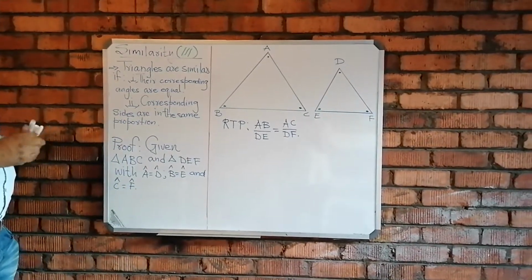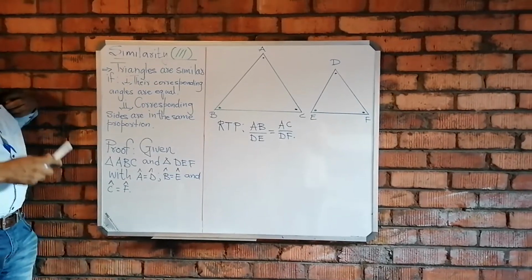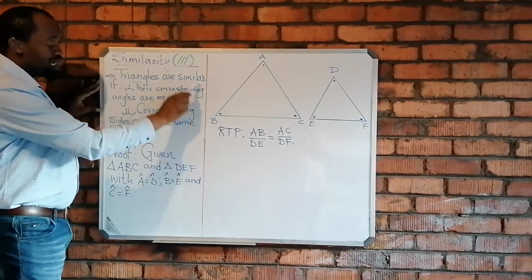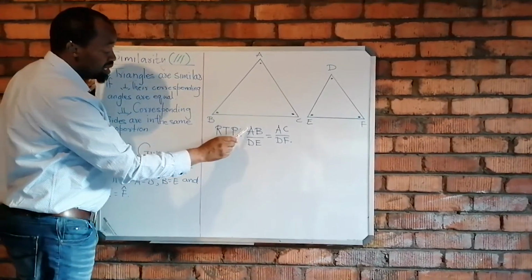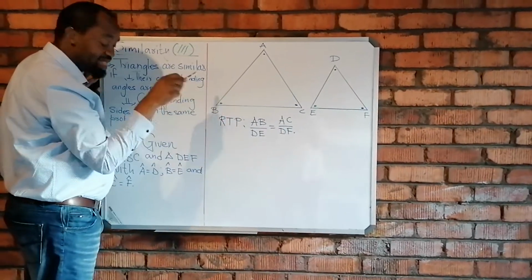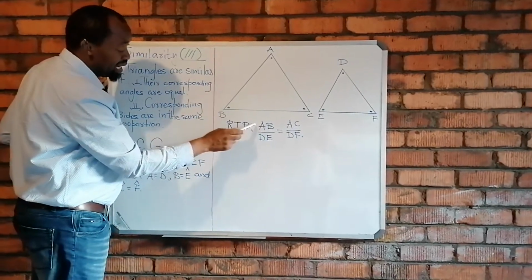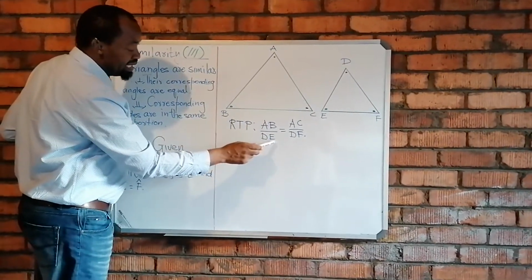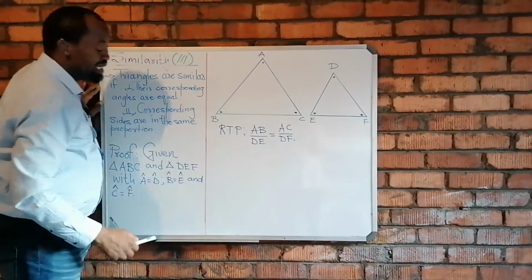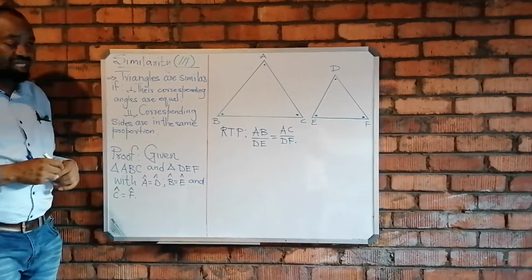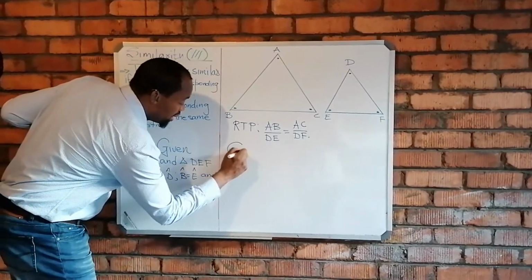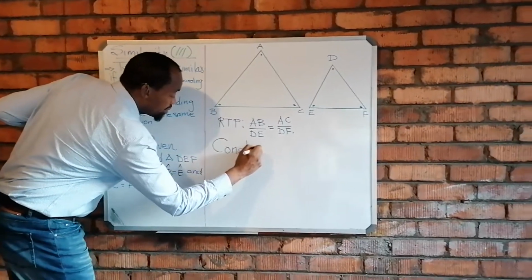Now, what is it that we are required to prove? We are required to prove what the theorem states, that the two triangles are similar, and therefore, if they are similar, AB divided by DE is exactly the same as AC divided by DF. How does this proof go about? First thing, it is going to be construction.